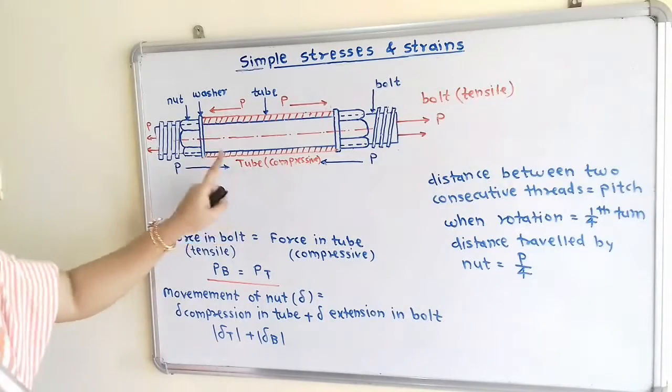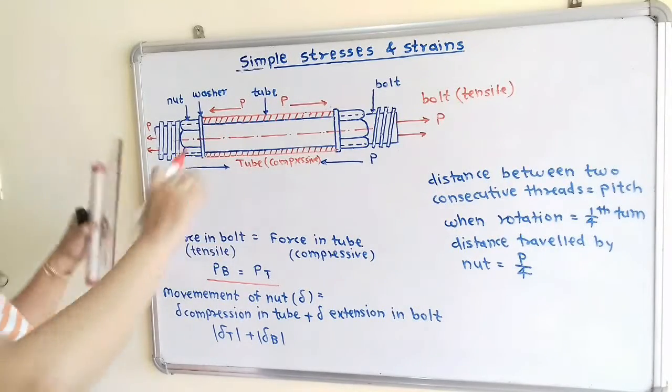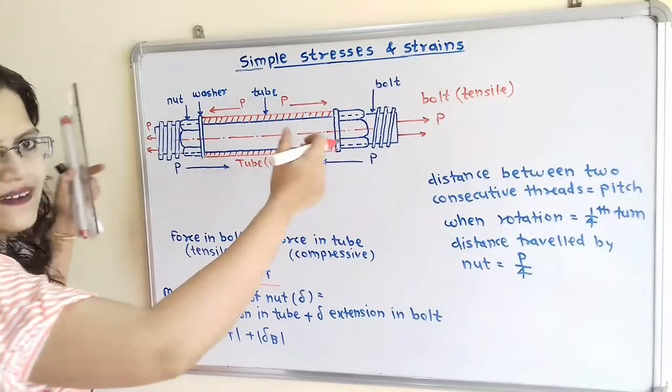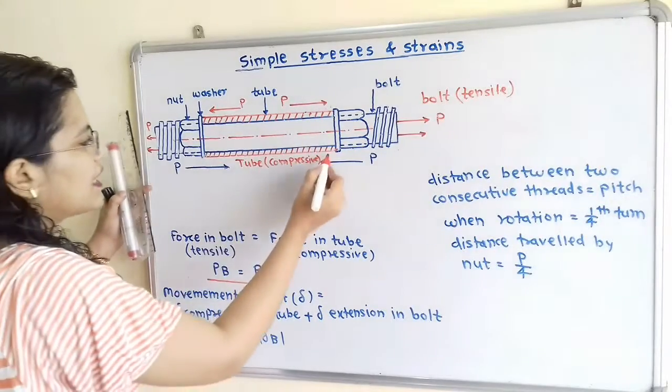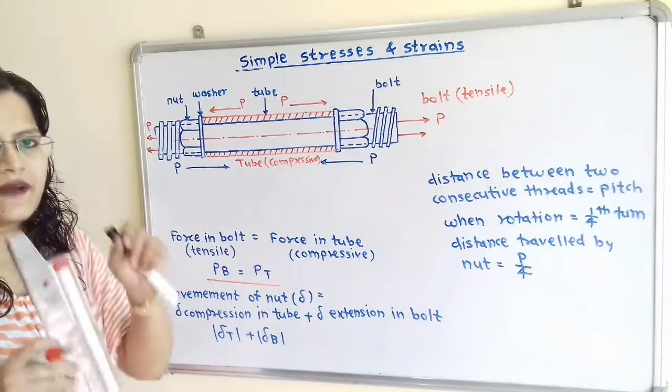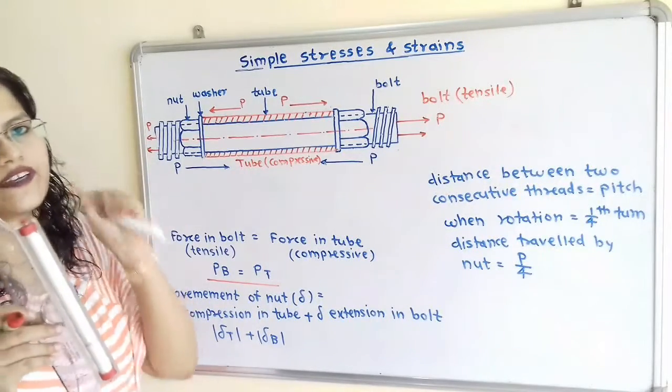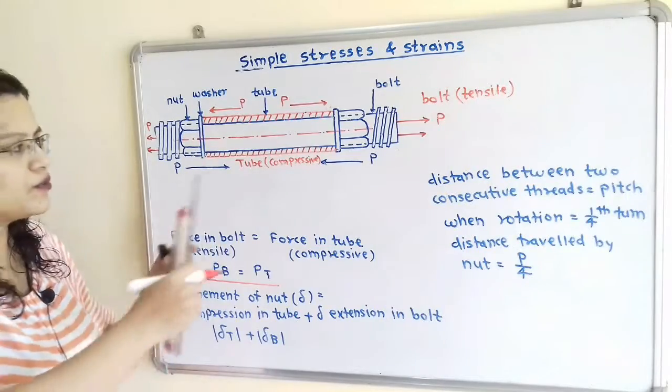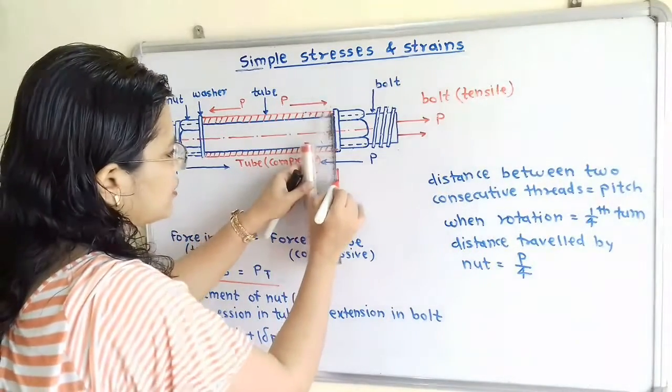Now if we observe, when we rotate the nut on the bolt, that means when we tighten this nut, then there is the compressive force in the tube, and at that time there is the contraction in length of this tube. So I will show here this contraction.